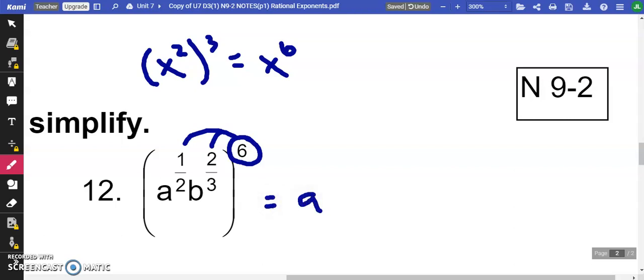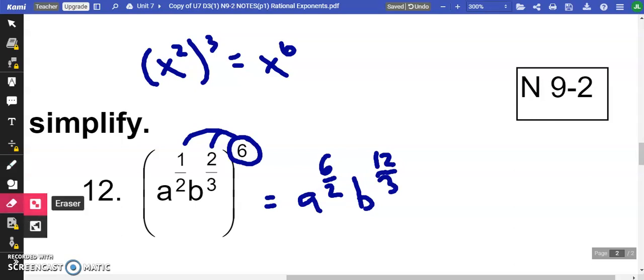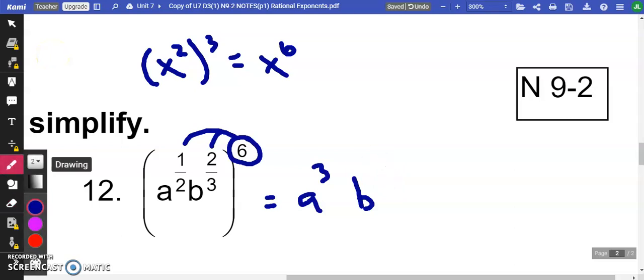So my a would have 6 over 2 as its exponent, and my b would have 12 over 3 as its exponent. And then when I go in to simplify, 6 divided by 2 reduces to 3, and 12 divided by 3 reduces to 4. So the simplest version of number 12 is a cubed times b to the 4th.